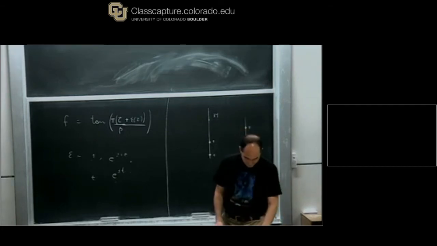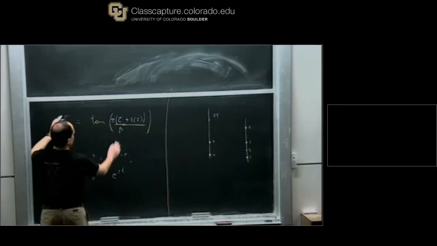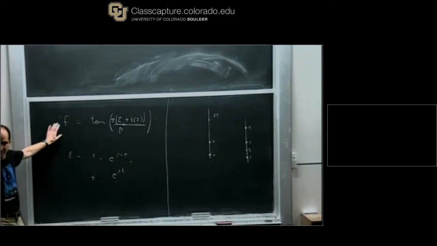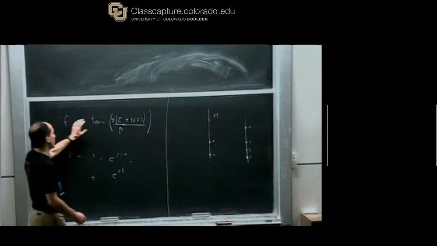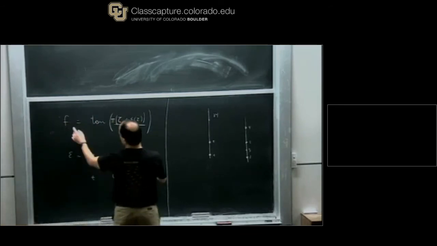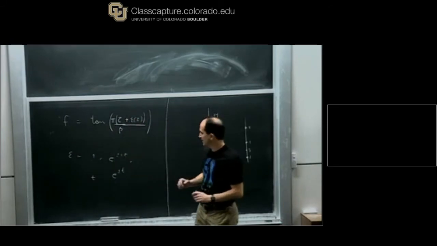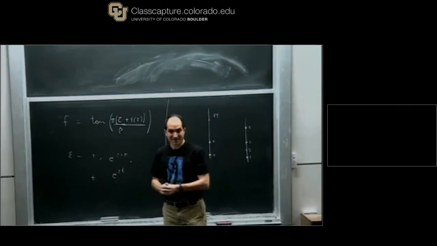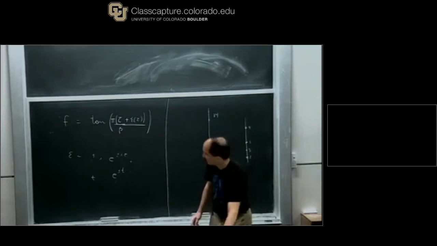You can do as an exercise: take this f, which is tangent, and do an SL2R transformation of f, close to the identity, and then try to reproduce whatever you get by changing this epsilon. You'll find that the epsilon is associated to SL2R transformations are these two. So that's an exercise.